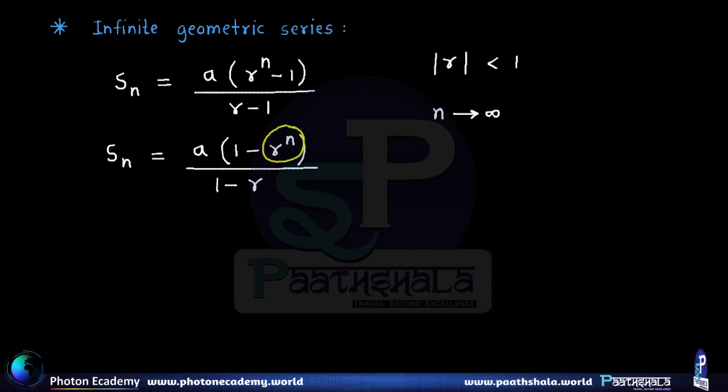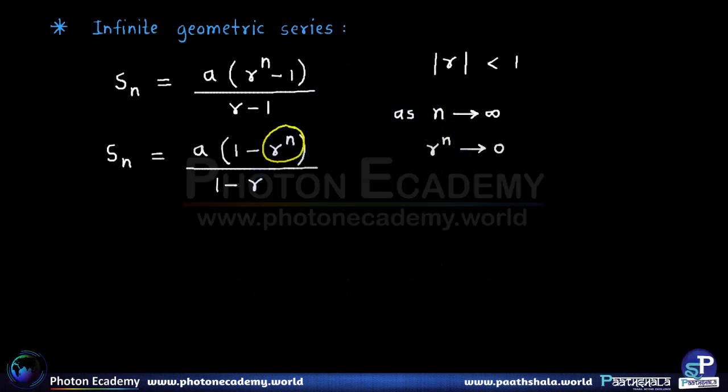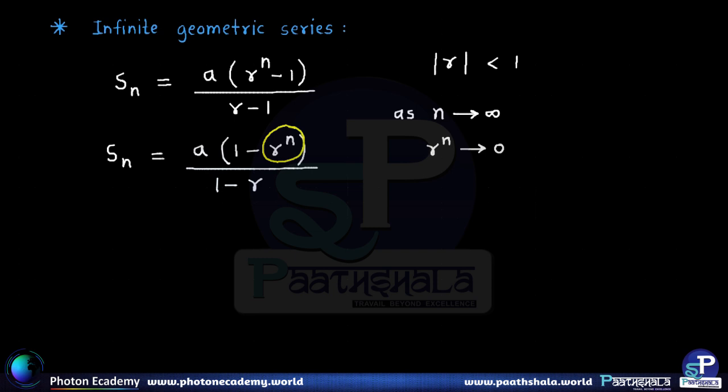So if n tends to infinity, r raised to n will tend to 0 because r is numerically less than 1, right? Say r could be 1 by 2 or 1 by 3 and so on. If a number is numerically less than 1, as we take successive powers of that number, they give us smaller and smaller numbers. So in the limiting condition, r raised to n will tend to 0.